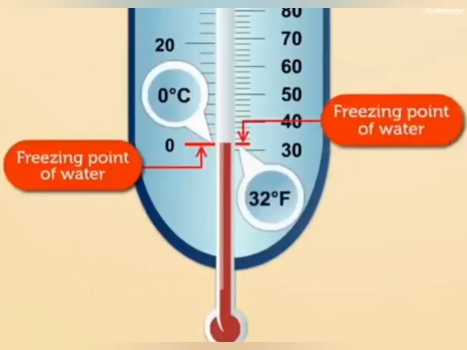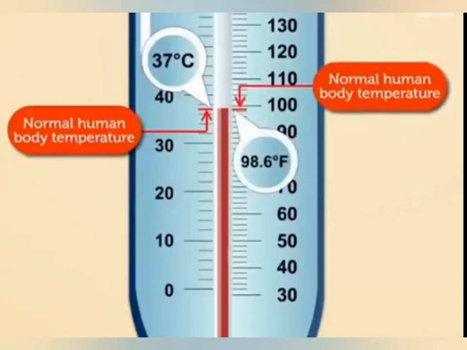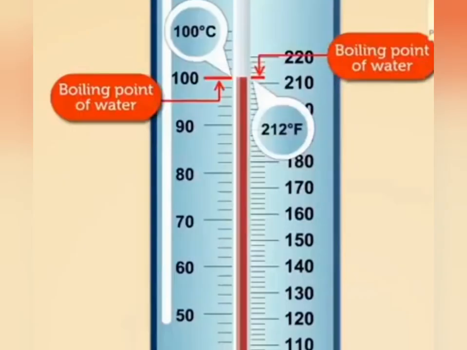The freezing point of water on Celsius scale reads 0 degree C and on Fahrenheit scale it reads 32 degree F. Then normal human body temperature on Celsius scale reads 37 degree C and on Fahrenheit scale it reads 98.6 degree F. The boiling point of water on Celsius scale reads 100 degree C and on Fahrenheit scale it reads 212 degree F. From this we can understand that one temperature scale can be converted into another.